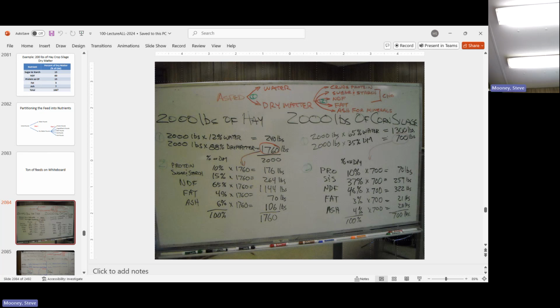As a percent of the dry matter, we're going to have 10% protein, 37% starch and sugar, 46% NDF, 3% fat, 4% ash. So how much of each of those is still in the pile?